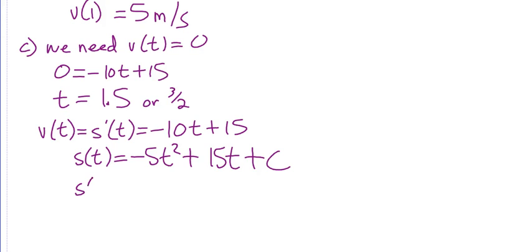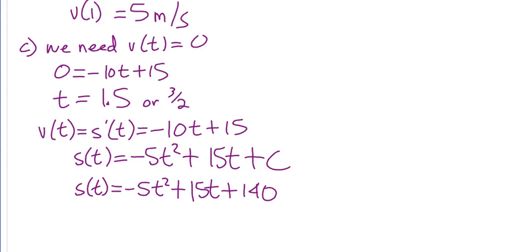Given our initial condition, s of t is negative 5t squared plus 15t plus 140. If you want to know why, just look up in the top right where we said s of 0 is 140. On a quiz or test, you can do that, but show this first. Write it with the plus c, and then replace that.